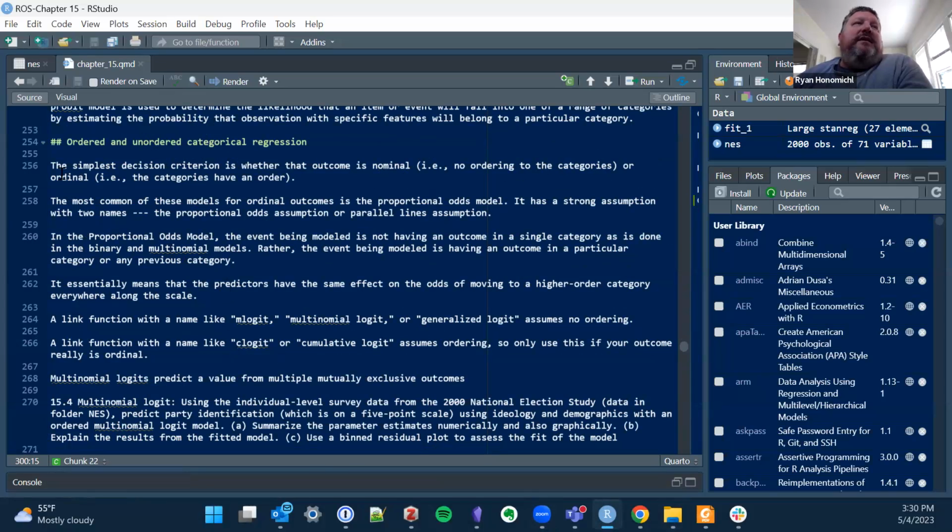So basically what I did was focus on this idea of ordered versus unordered categorical regression, which can be anything from people calling it ordinal regression or ordinal logistic regression, or if it's unordered, then multinomial regression.